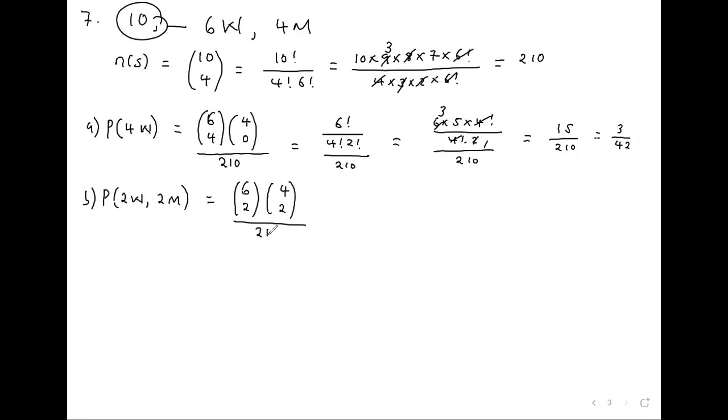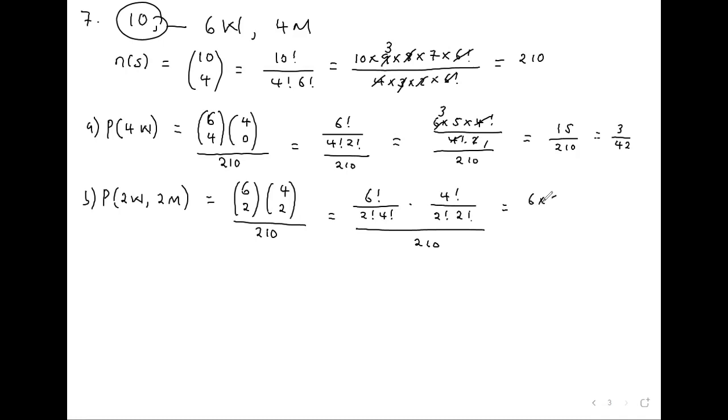Over 210. So the 6 choose 2, multiplied by 4 choose 2, is 6 factorial over 2 factorial 4 factorial, multiplied by 4 factorial over 2 factorial 2 factorial. Everything over 210.